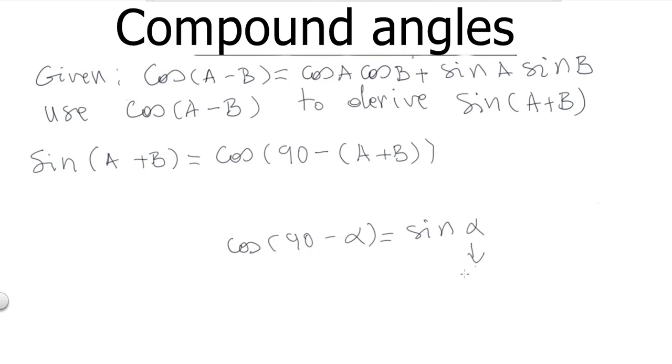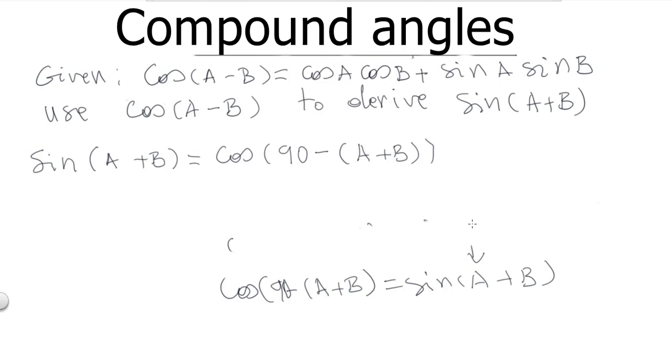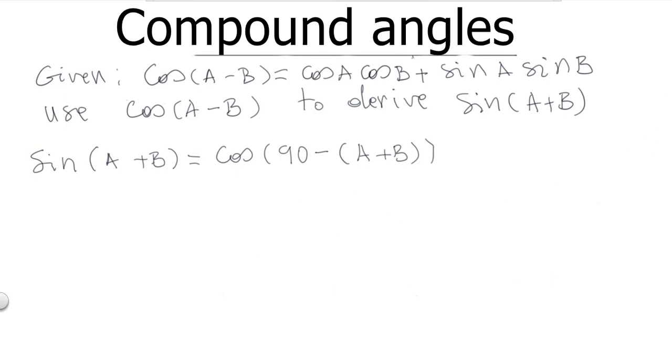So our alpha in this case is A plus B. If you remove the bracket, it will be 90 minus A, minus times plus will be minus B.